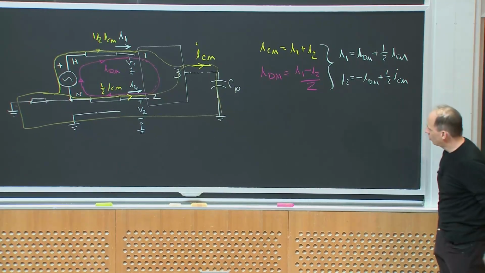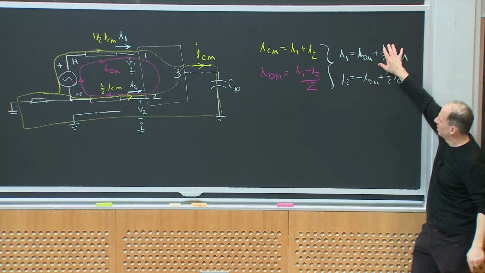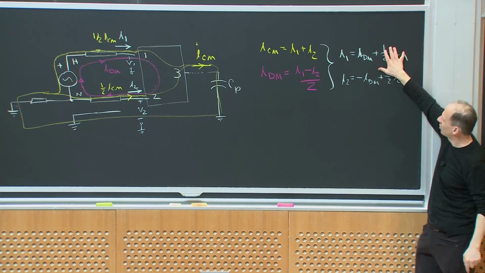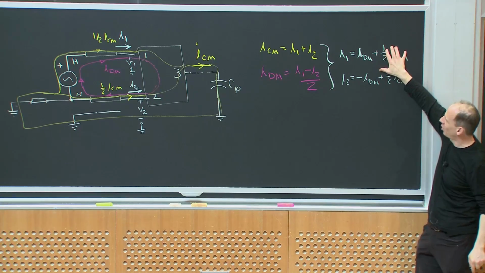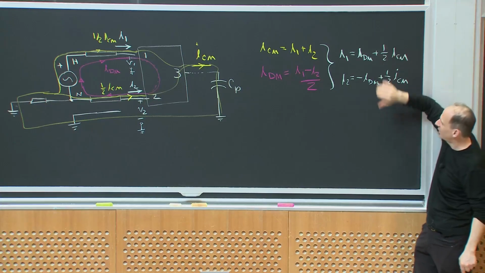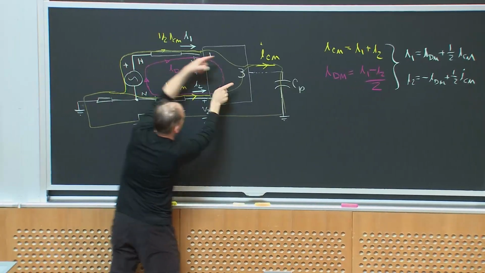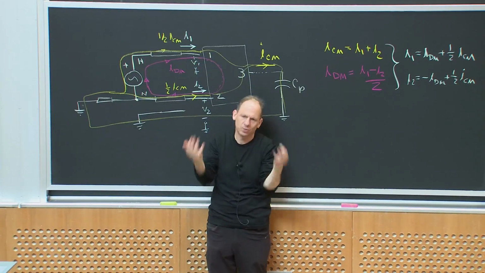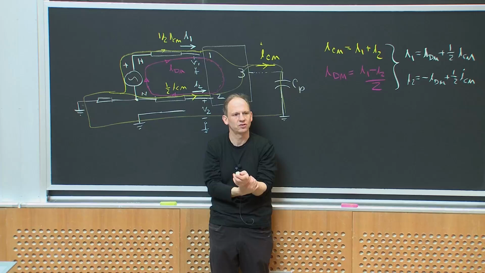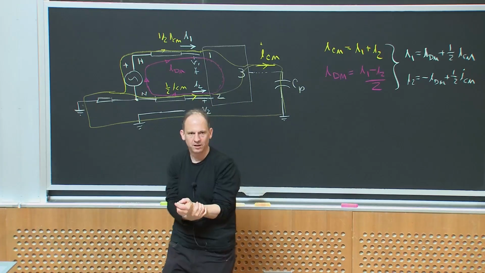By choosing things this way, what I'm saying is that if I had no common mode current, I'd have IDM in terminal 1 and minus IDM in terminal 2. That's what I expect. And then each of these two terminals is carrying half the common mode current. That's essentially what the definition says. Does that make sense to everybody?